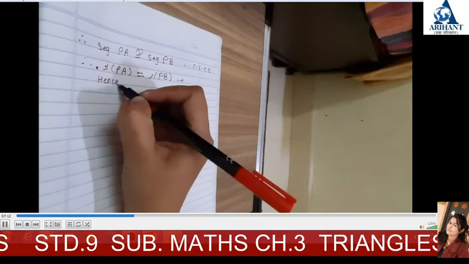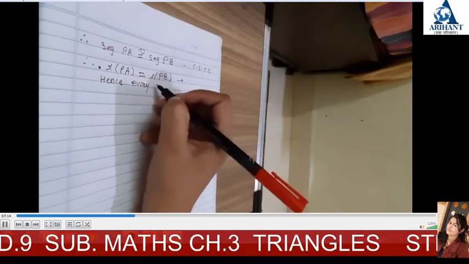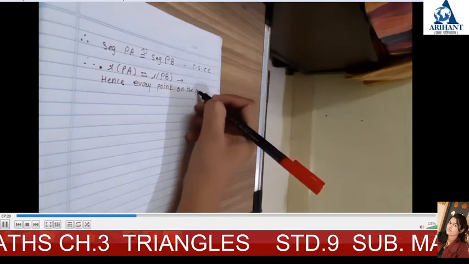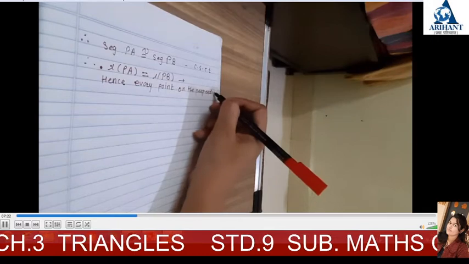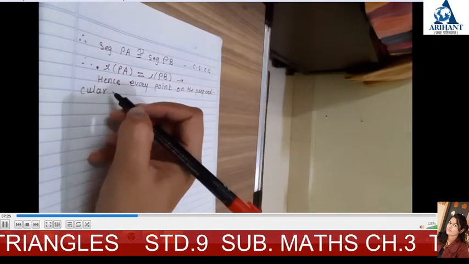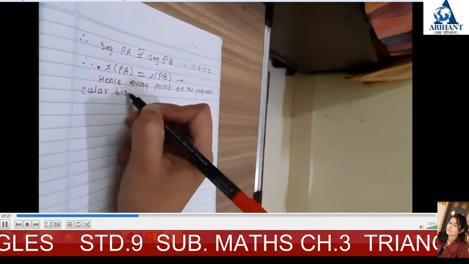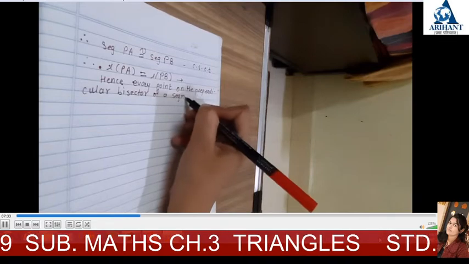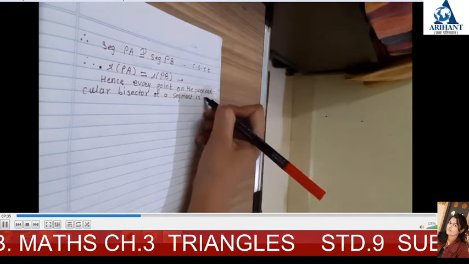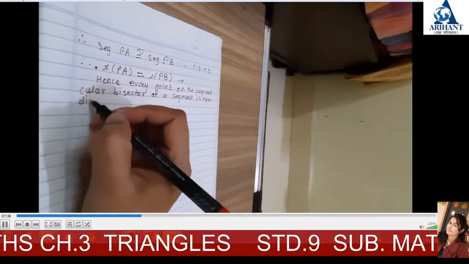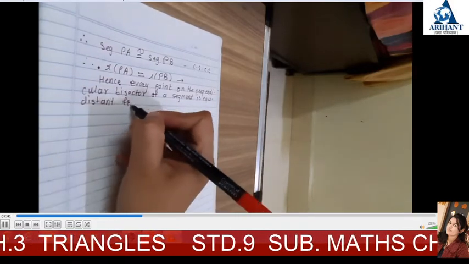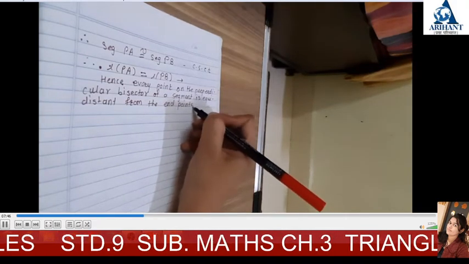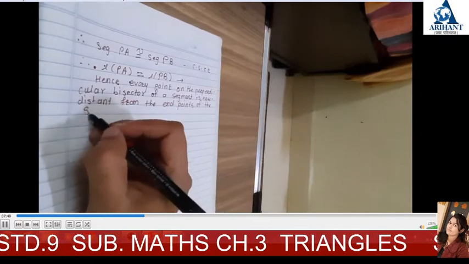Hence every point on the perpendicular bisector of a segment is equidistant from the endpoints of the segment.